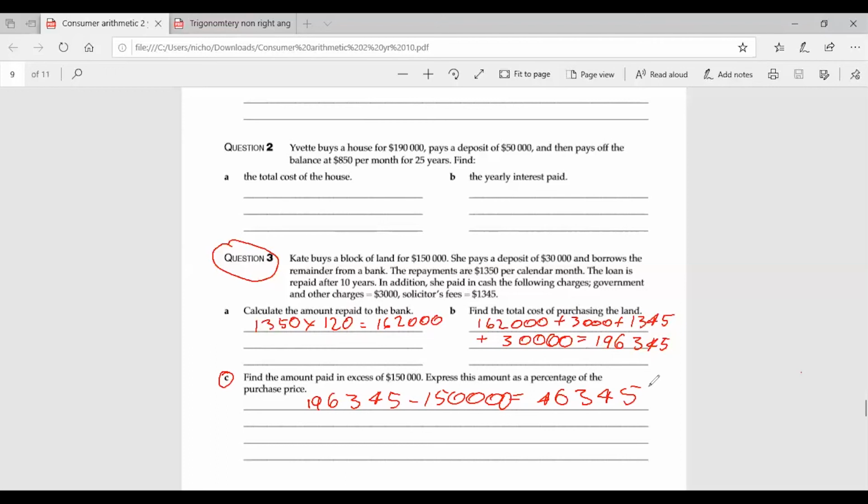And so how would we find that as a percentage of the purchase price? What would you have to do? 46,345, and then divide it by 196,345. We're not going to divide it by the 196 because we want it of the original purchase price.